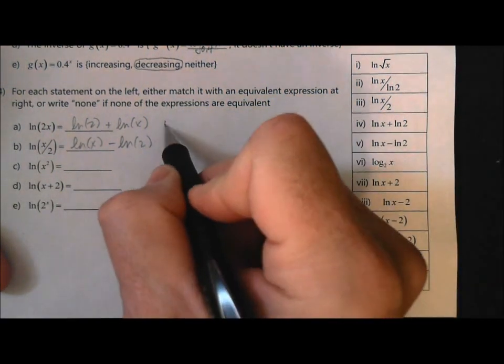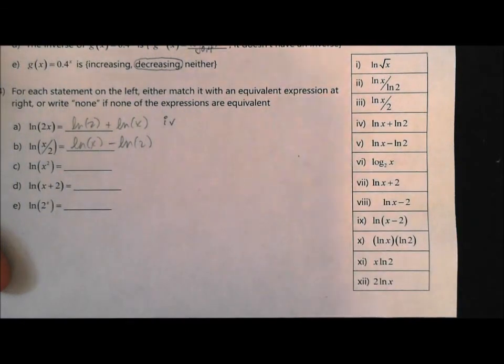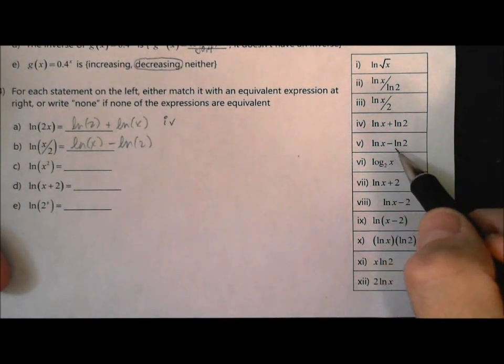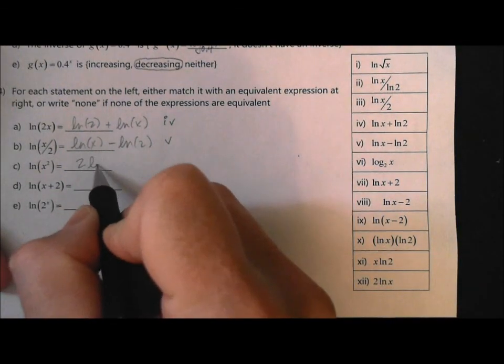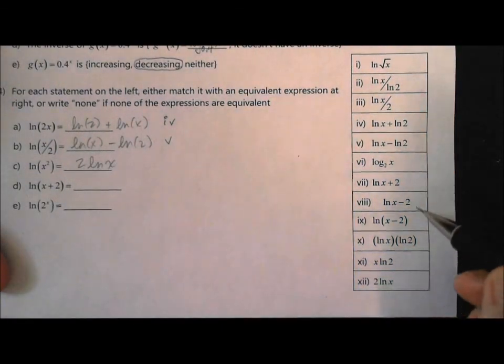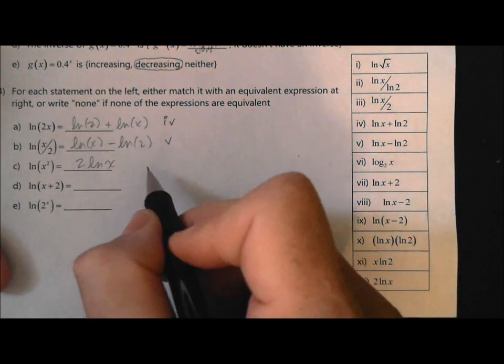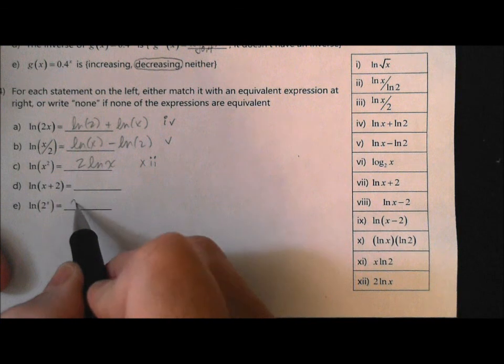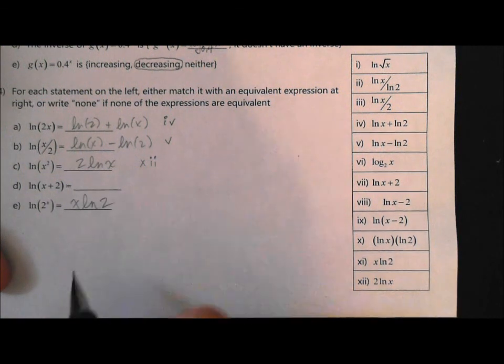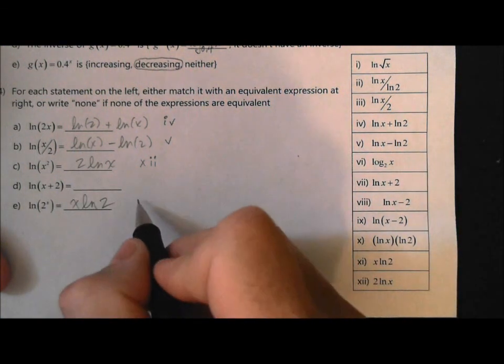So that's 4. And ln of x minus ln of 2 is 5. And this one is 2 ln of x. And that would be 12. And this last one would be x ln 2, which would be 11.